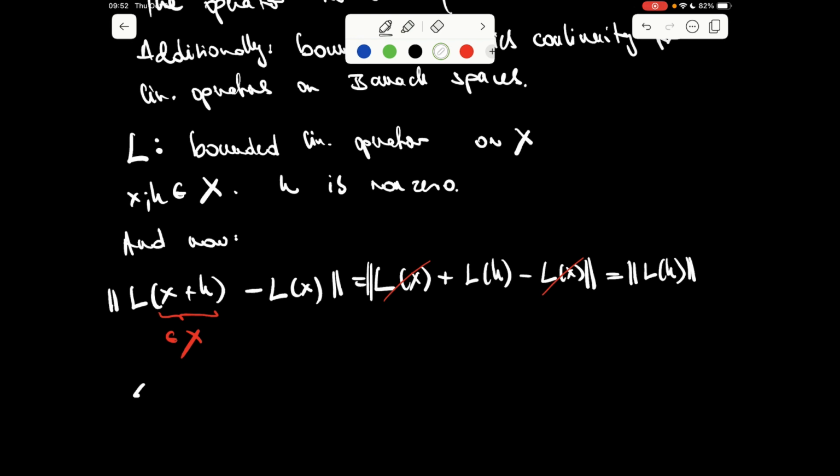And given the fact that this is bounded, there is a positive number M that satisfies this inequality.